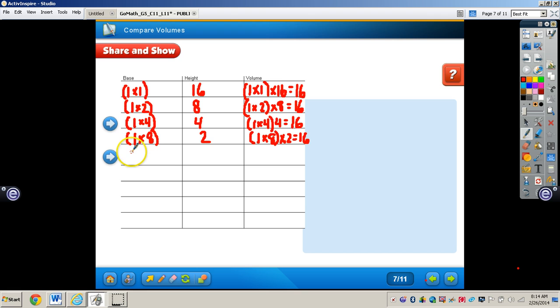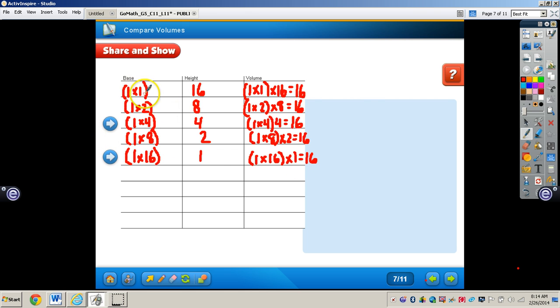Now we can also have a length of 1, a width of 16, and then the height would have to be 1. So 1 times 16 times 1 will also give us 16.